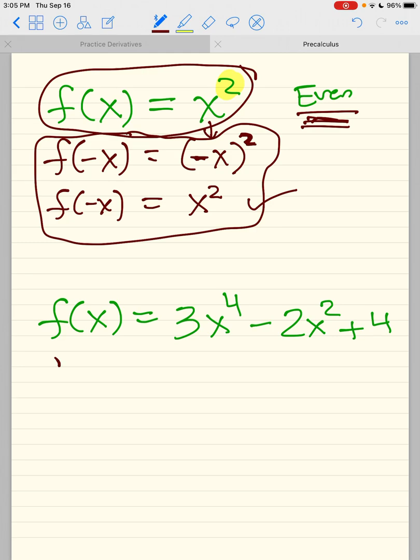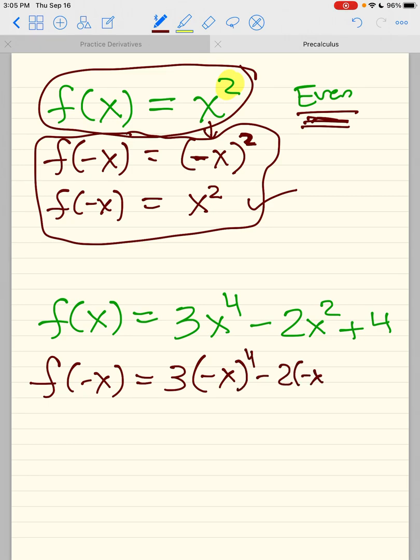Let's try another one. Everywhere you see an x, you're going to put a negative. Any negative to an even power is positive. So don't worry about the negative, it's just x to the 4th.